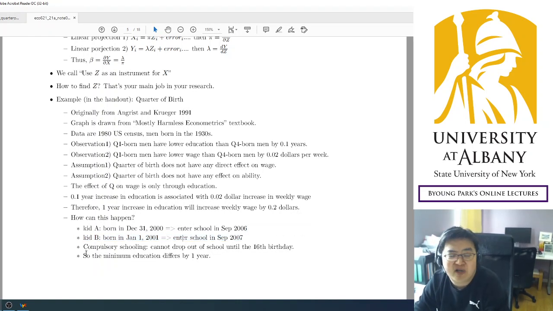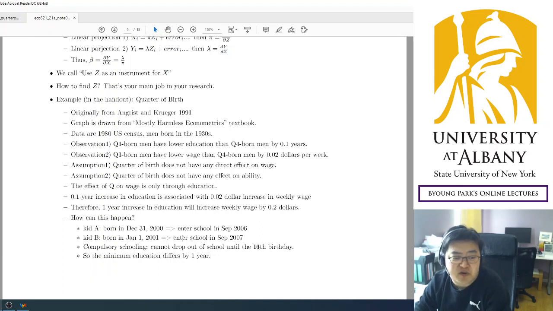On the other hand, what's interesting here is that at the time, for men born in the 1930s, like 90 years ago, the compulsory schooling law said that a student cannot drop out of school until their 16th birthday.